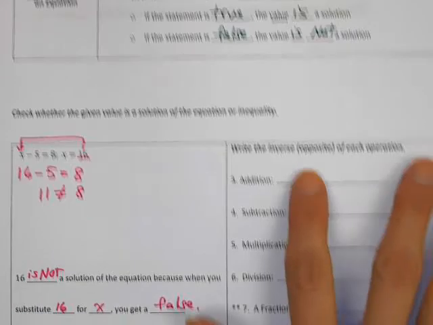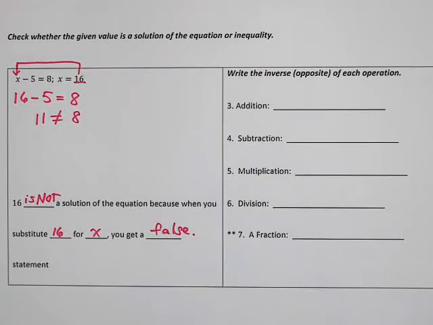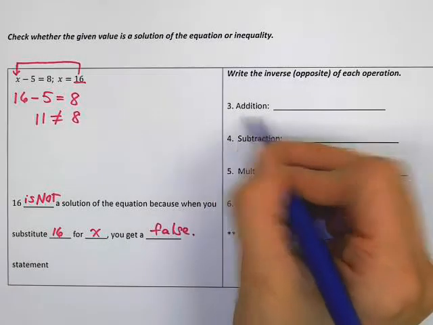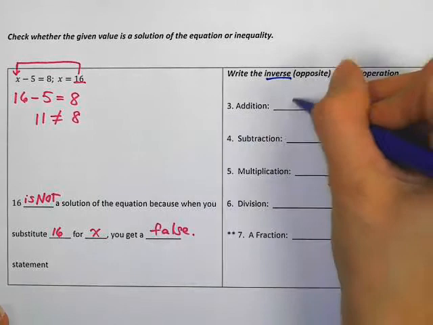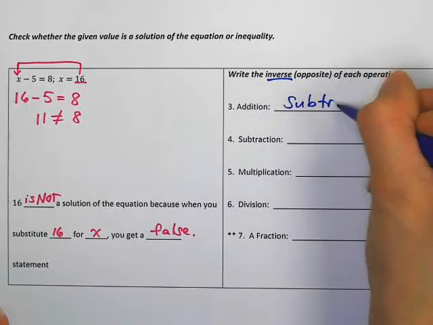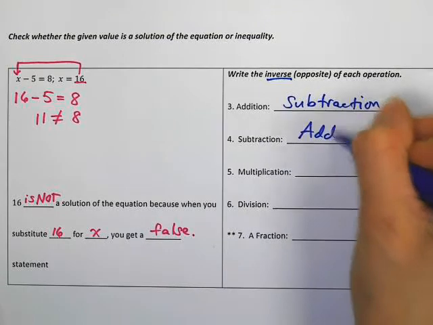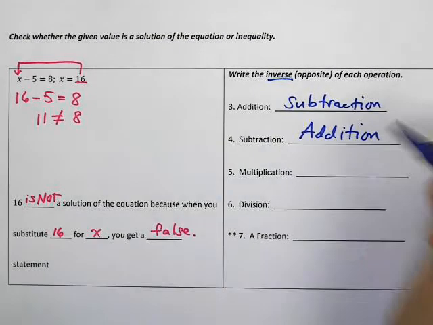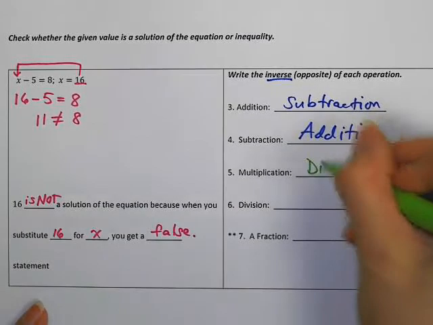Writing the inverse. When you take a look at a problem that has addition, you're going to do the inverse. The opposite of addition is subtraction. The opposite of subtraction is addition. The opposite of multiplication is division.